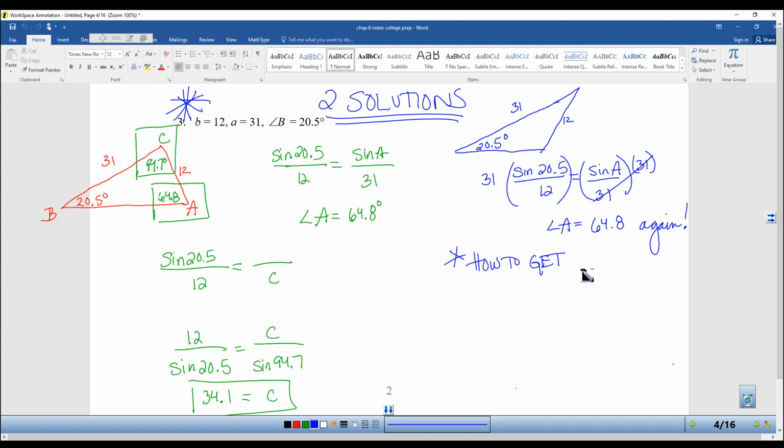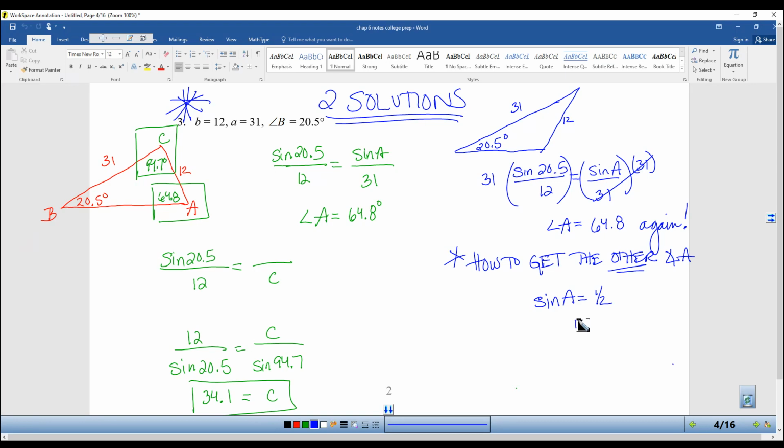One of them needs to make sense to you. How to get the other angle A. Way number 1, you may remember that when you had sine of A is equal to a number, let's just say 1/2, there are 2 possible answers.